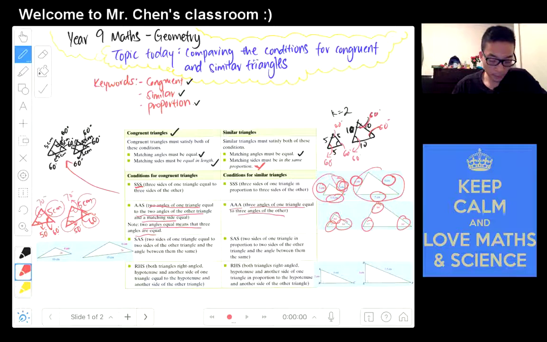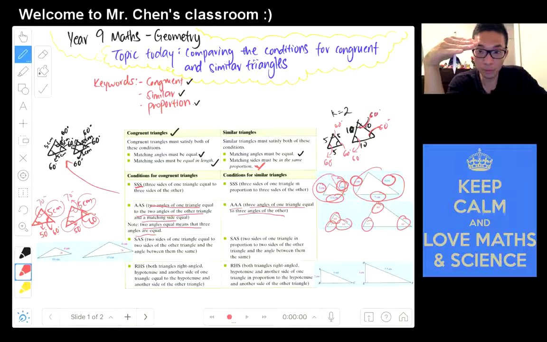Let's look at congruent triangles. Next one is SAS, which is side angle side. The order is you look at the sides first, then the angle, followed by the side.